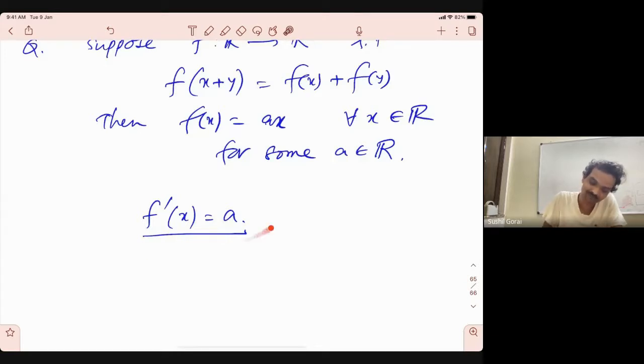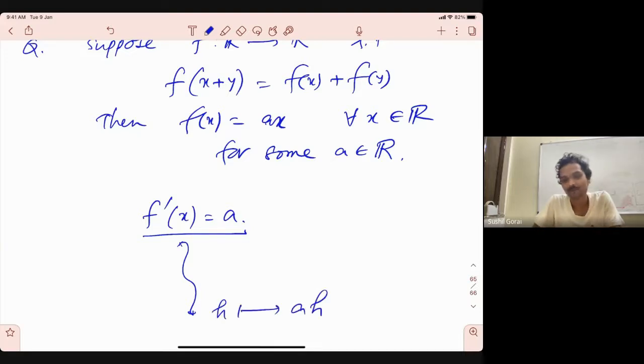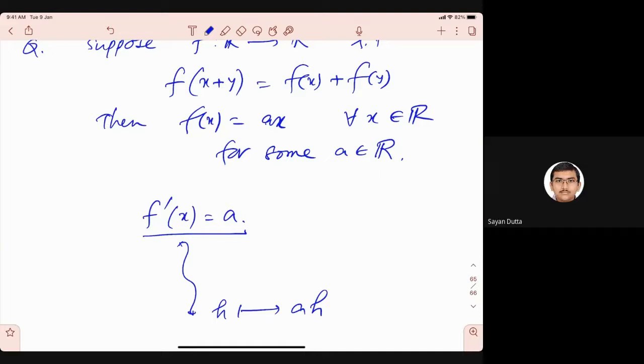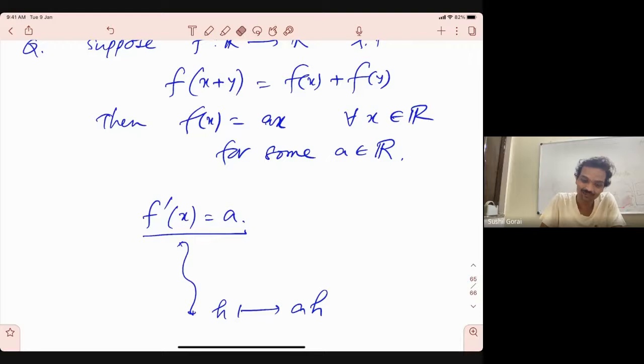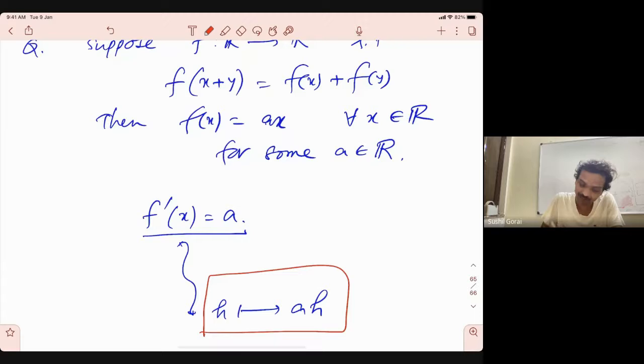That is true, but it corresponds to the linear transformation h goes to ah. So this is the linear transformation you actually have at every point for this case.